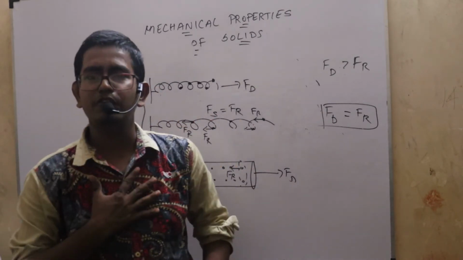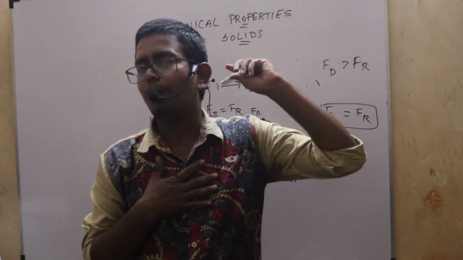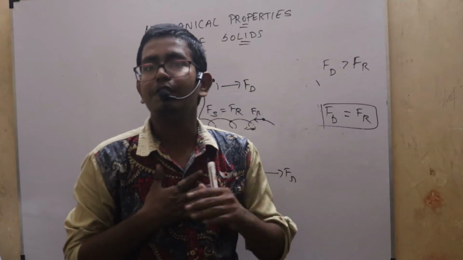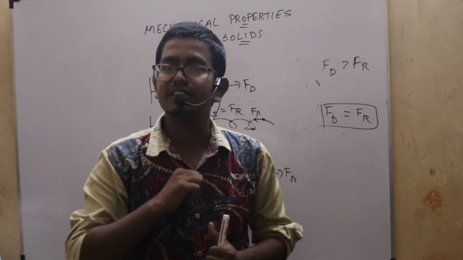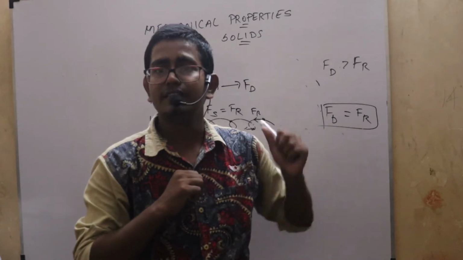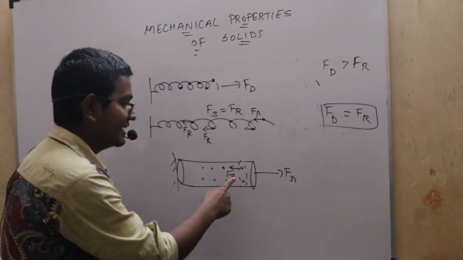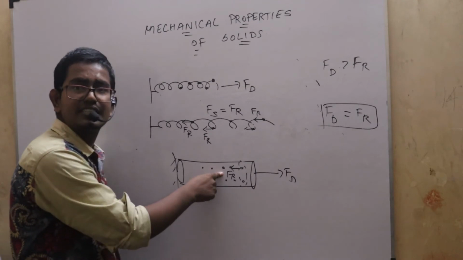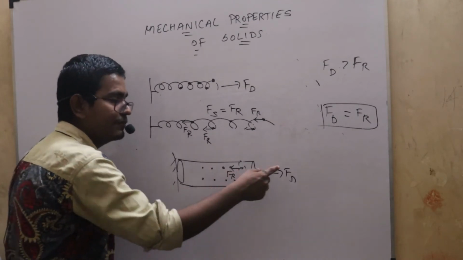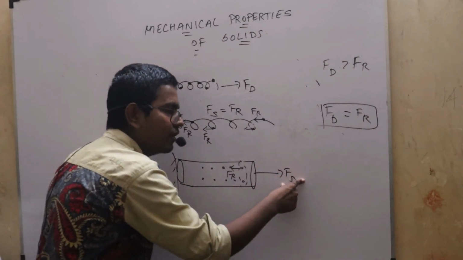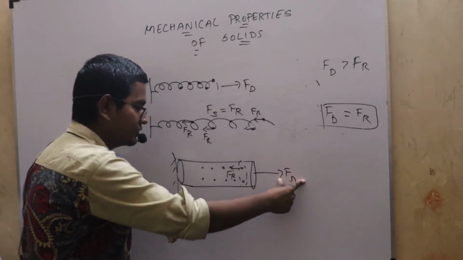If you apply 5 Newton on this side and exactly opposite to me you apply 5 Newton, then I will not move anywhere. If your force on this side is greater than the opposite force, then definitely I will move backward. But here that is not the condition. This molecule is not moving even though I am applying the deforming force.